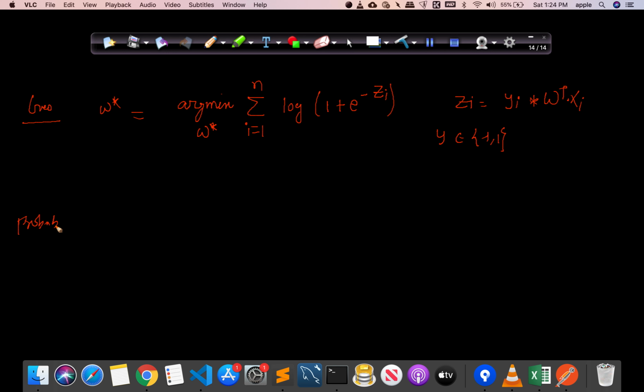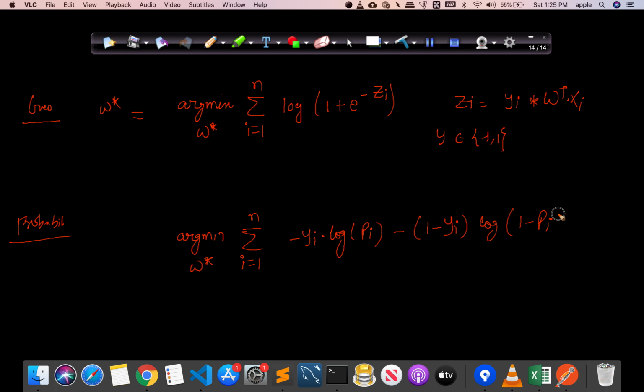This is from probability. The equation will be like this: W star is the argmin of summation of i equals 1 to n, of minus yi into log of pi, where pi is the probability of the point, minus 1 minus yi into log of 1 minus pi.